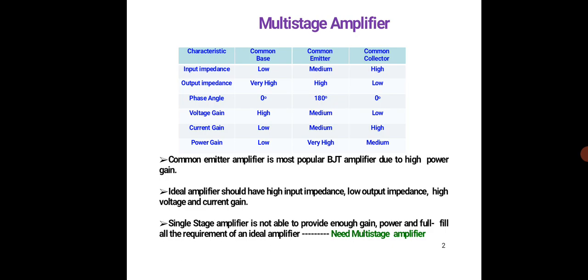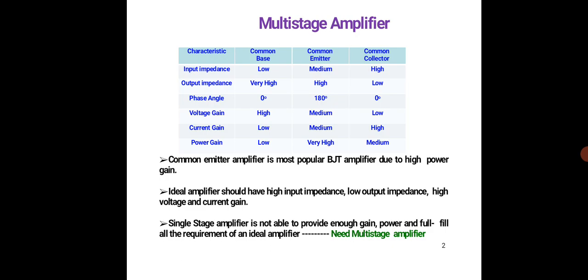When I use the common base, common emitter or common collector configuration, as tabulated, the various characteristics vary. The common emitter amplifier is the most popular BJT amplifier due to its high power gain. The power gain will be very high. That's the reason we always use a common emitter amplifier.